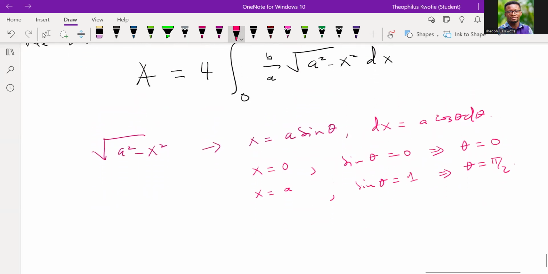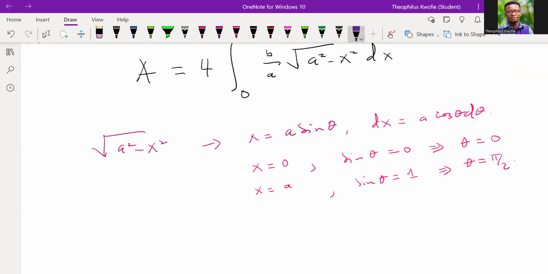But then we need to simplify this particular guy. By simplifying this, we should have a squared minus a squared sine squared theta.